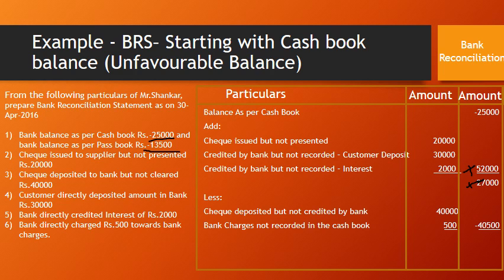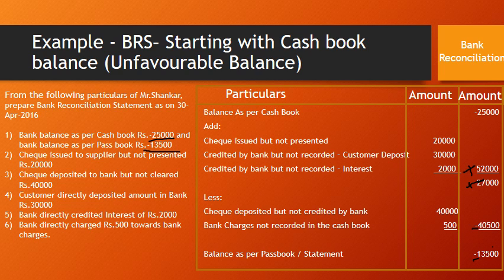So 40,500 minus 27,500, it is 13,500. The highest number here is 40,500. It is negative, so I am putting it as negative here. 13,500 negative. This is how we do an unfavorable bank statement reconciliation.